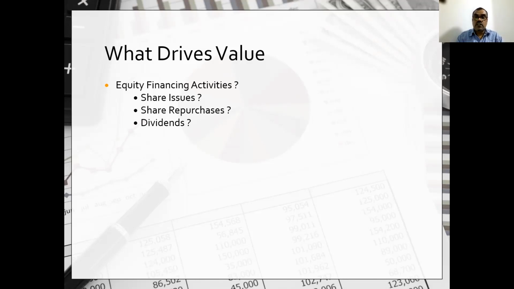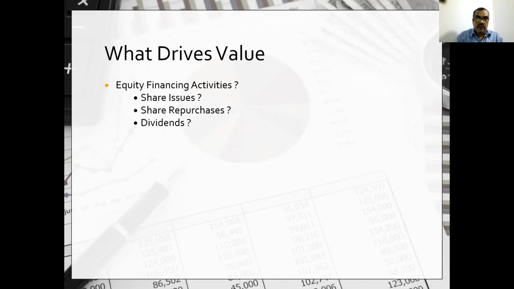First and foremost, I have to tell you that financing doesn't generate value. No matter whether you issue shares, repurchase shares, or distribute profits as dividends, all sorts of things, even redemption of shares if possible, capital reduction, and in the case of bonds and others.